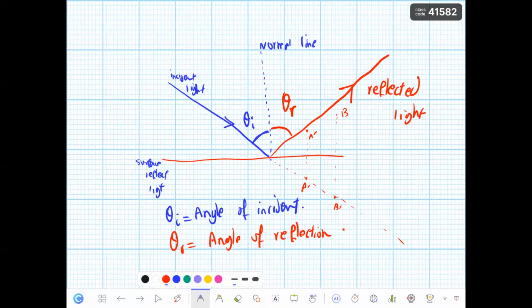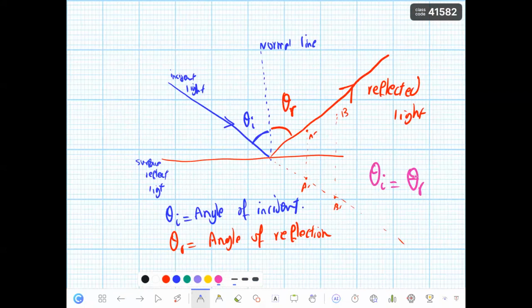Based on the least principle of time in the reflection, theta I is equal to theta r. If your incident light is 30 degrees, your reflected light will be exactly 30 degrees, if your reflecting surface is a plane surface.